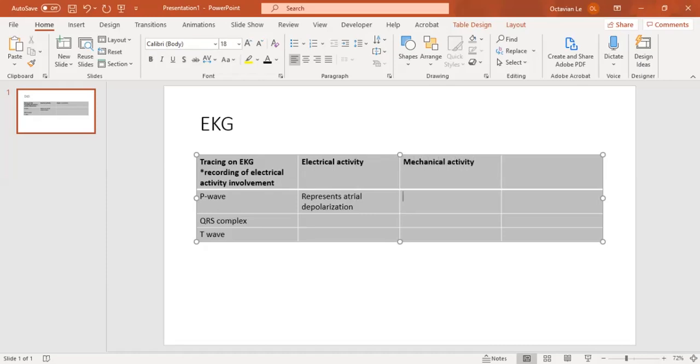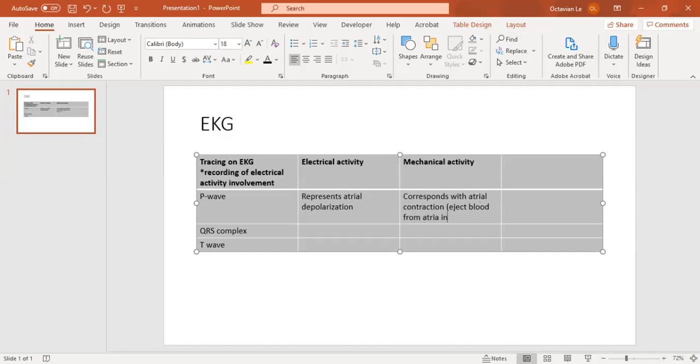So the P wave represents atrial depolarization, which corresponds with atrial contraction, which means the contraction of the atria. Okay, what that means is when the atria contract, it ejects blood from the atria into the ventricles.